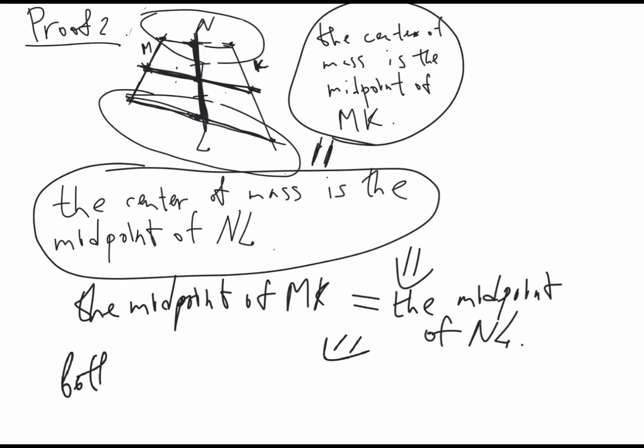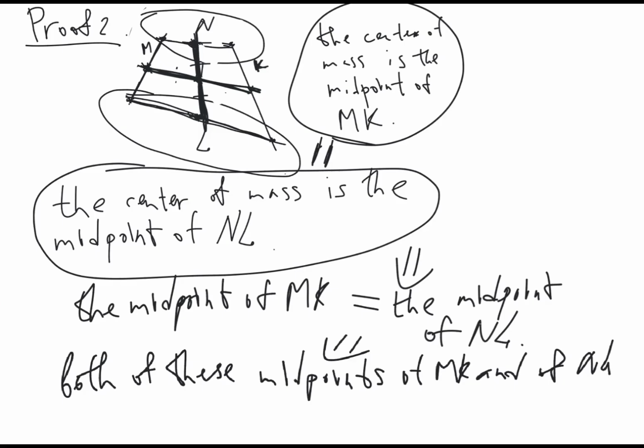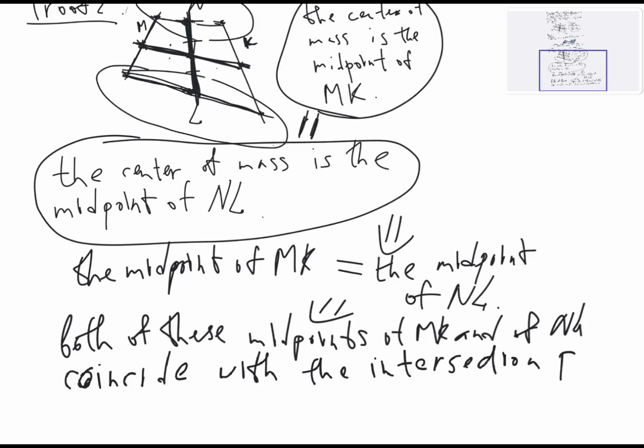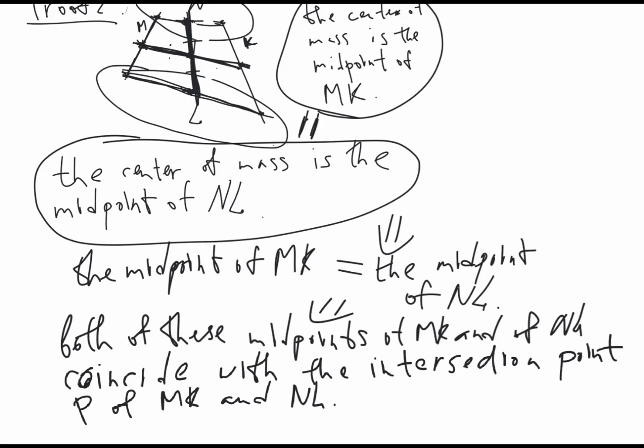So both of these midpoints, of MK and of NL, coincide with the intersection point P of MK and NL. Yeah, and this concludes the proof.